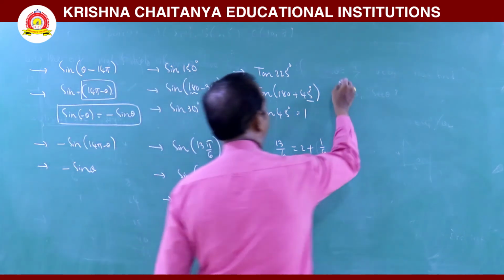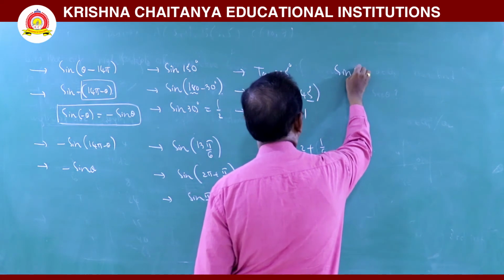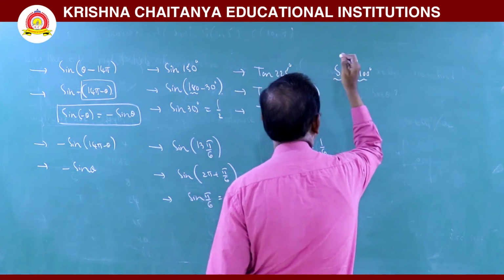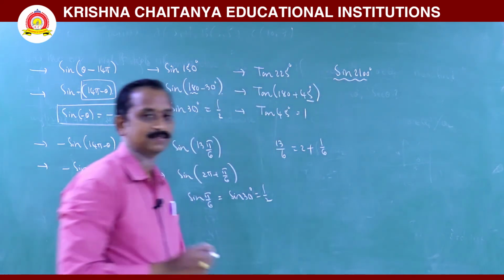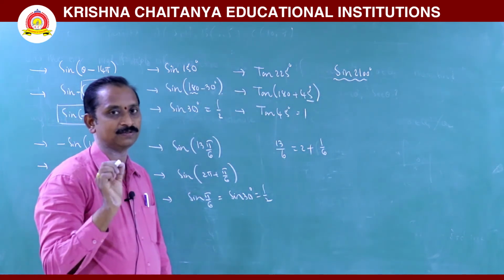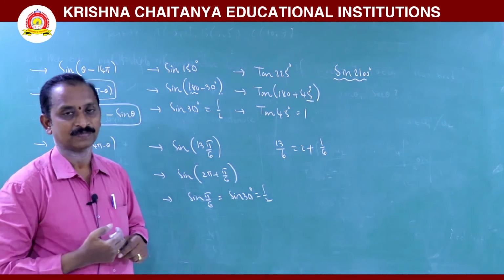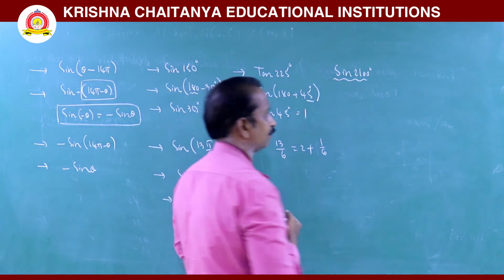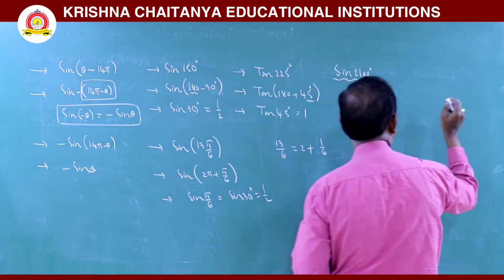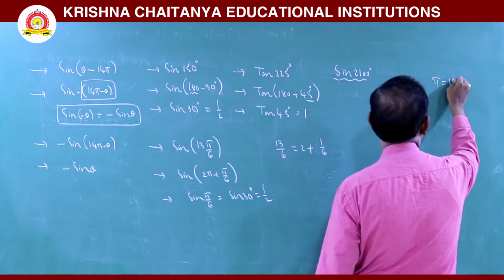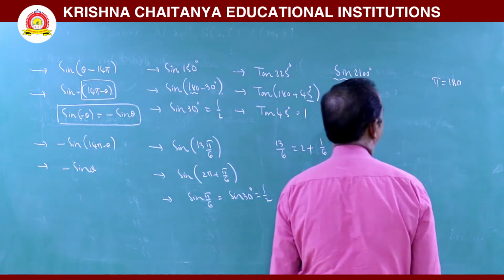If you consider sine of 2100 degrees, how to express 2100 degrees in a simple manner? We know the table of 18. Why do we consider 18? Because pi is nothing but 180 degrees.